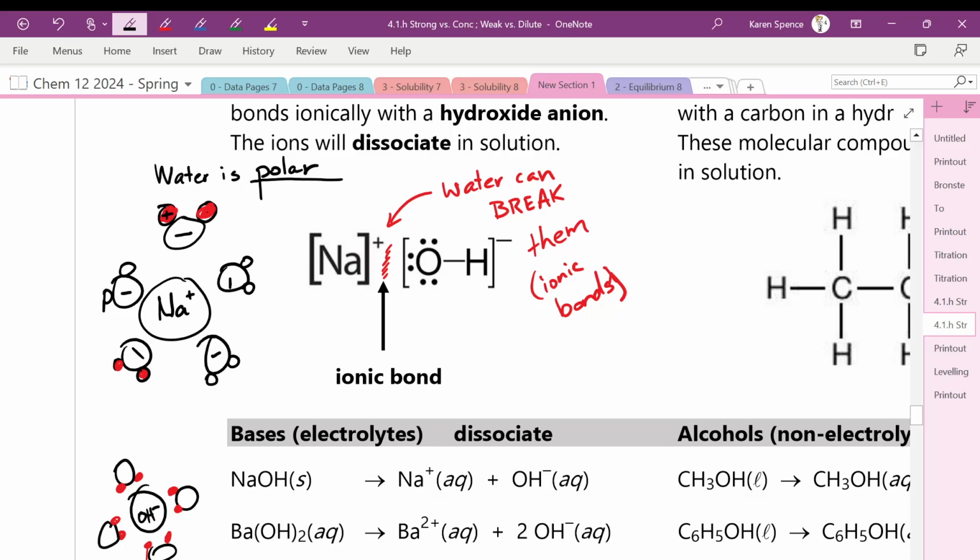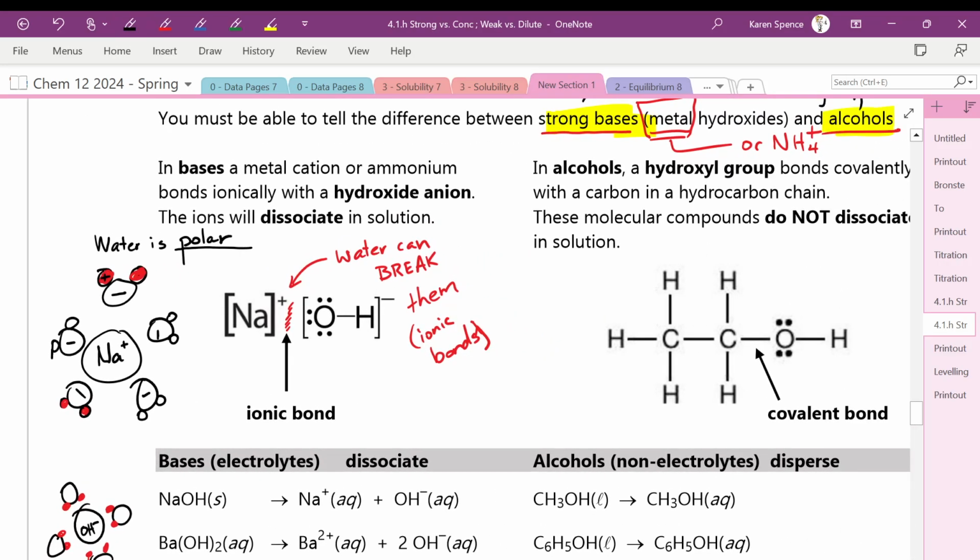If, on the other hand, we go and look at an alcohol, before we go there, I should say that this thing here is the hydroxide ion.